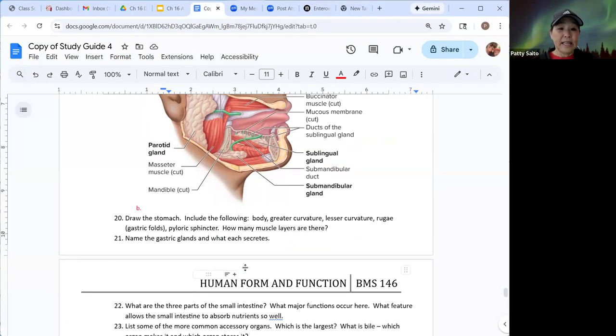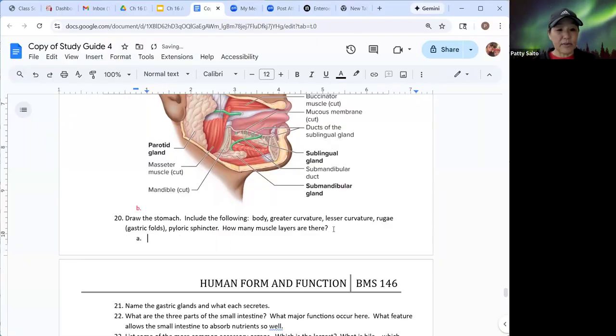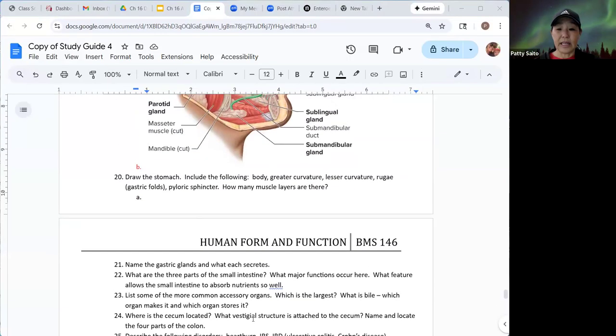All right, let's take a look at the stomach. It says draw the stomach. So of course we are going to draw it, and then I will post a picture of it after we draw it. And then there are some questions about glands there. So let's draw our stomach.